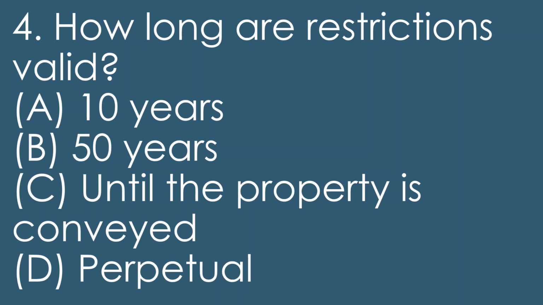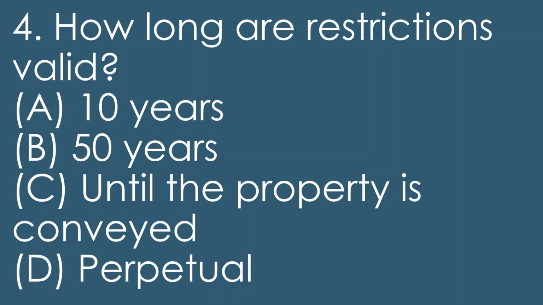So restrictions, we're talking about the type of restrictions that you might have, like deed restrictions. How long are they valid? Well, when they're in the deed, they are valid forever. They don't expire unless they're amended or changed, for instance, and that has to be in writing, and everybody has to agree to it. So restrictions are good forever.